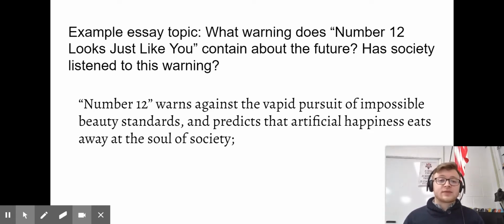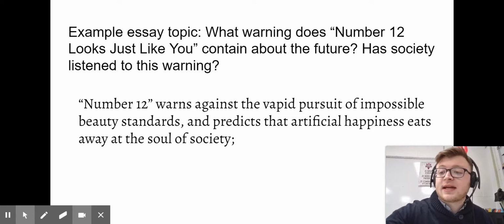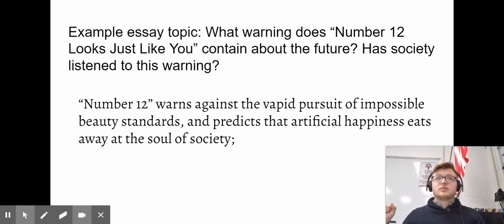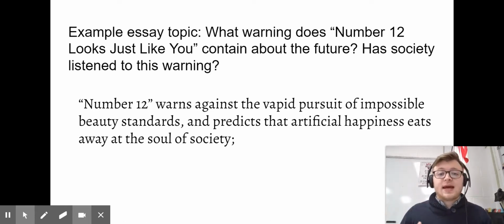I can use evidence from the TV show about how no one in that society is aware that they are being manipulated, how the people in the society have abandoned literature and abandoned critical thinking. Talk about Marilyn's father. There's so many different things from the text that can support this, and now I've given myself a useful roadmap that I can use later on and refer back to.